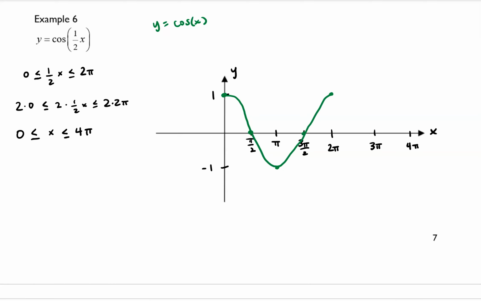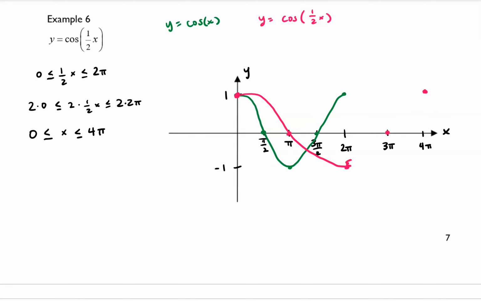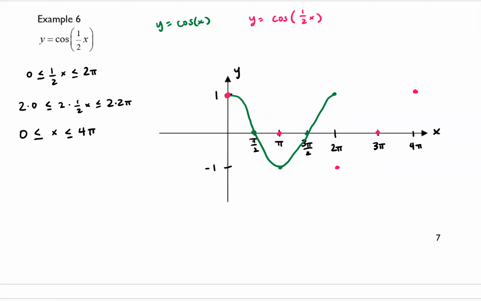And then in pink, I will graph y equals cosine of 1/2 x. And that's going to start here. And basically all of the x values are being doubled, and that results in a horizontal stretch.